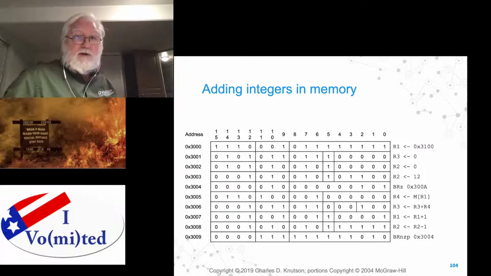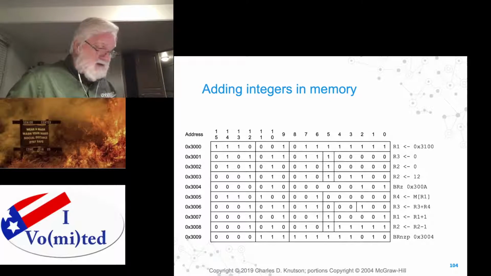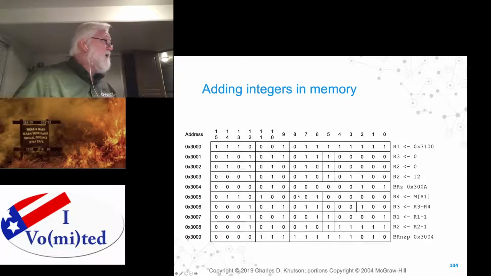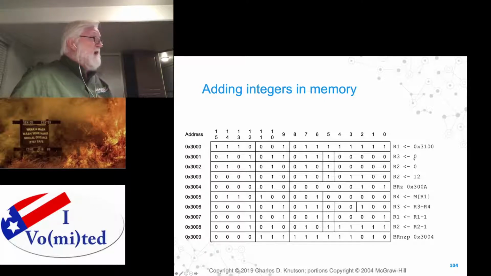How do we know this is what's going to happen? Social contract. Okay. The offset is 0, so we're not worried about that. We're saying register 1. What's register 1 got in it? 3100. We told it what address to pull from.